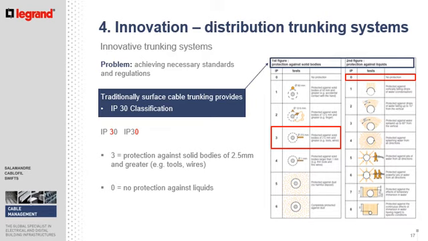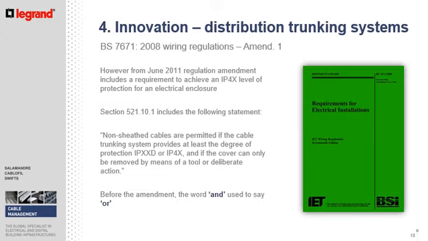Let's now apply some innovation on a fairly simple product, but with maximum benefit to the user. The 17th edition of the wiring regulations included an amendment with a need to achieve an IP4X or an IPXXD level of protection for an electrical enclosure.